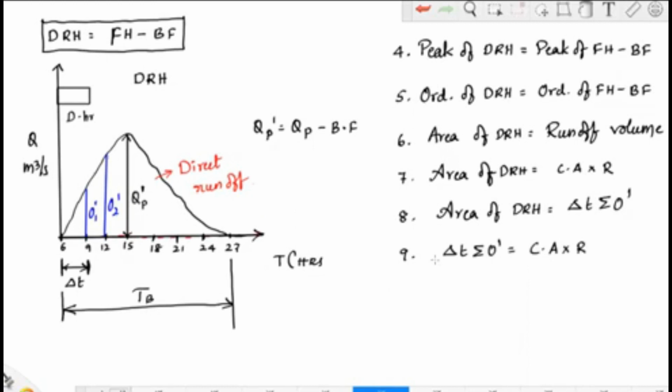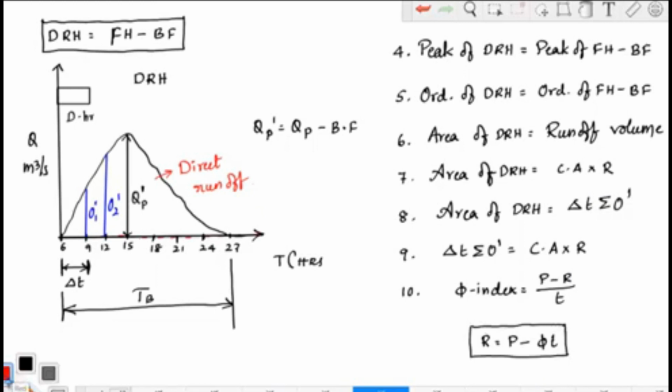So all these things we have seen. I hope you remember them one by one. The 10th one, phi index formula is (P minus R) divided by T for uniform rainfall. So you can write R is equal to P minus phi into T. From an exam point of view, this is important.